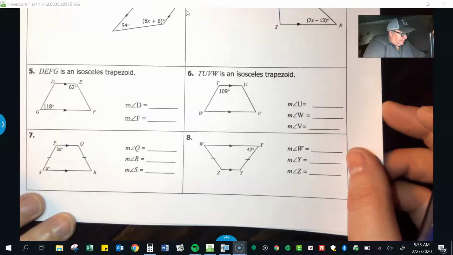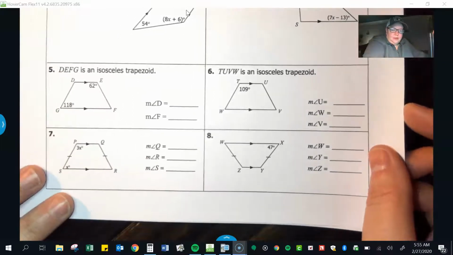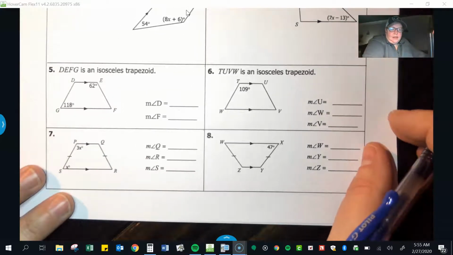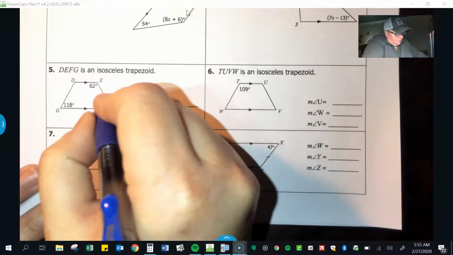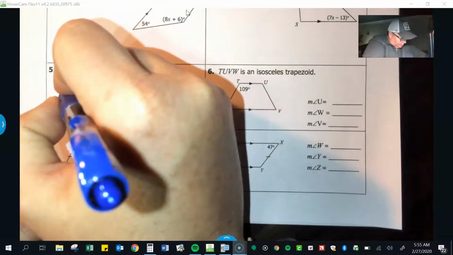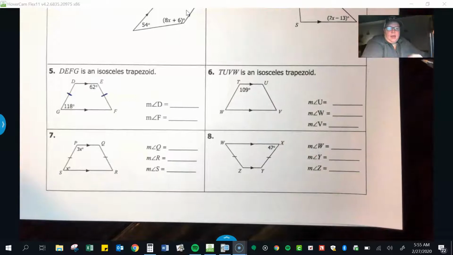All right, let's look at number 5. We have an isosceles trapezoid. So I know that my opposite angles are supplementary, and I know that my base angles are congruent.